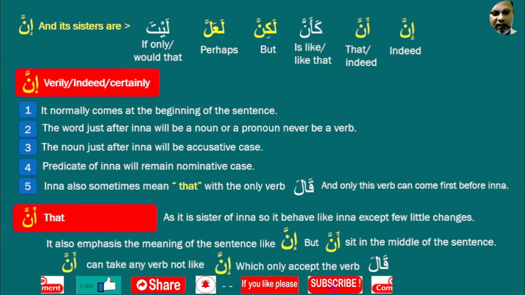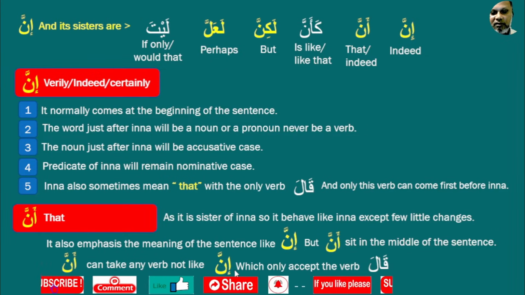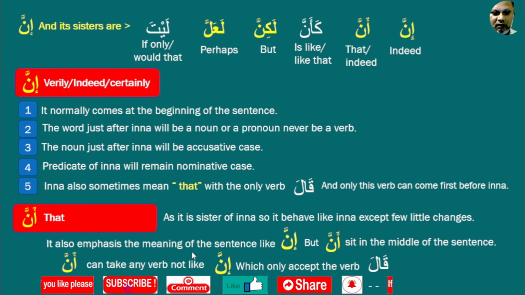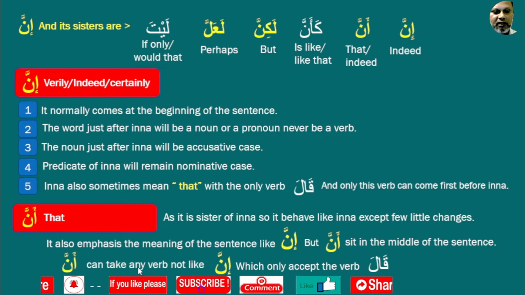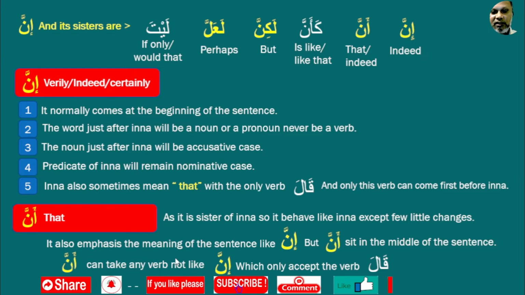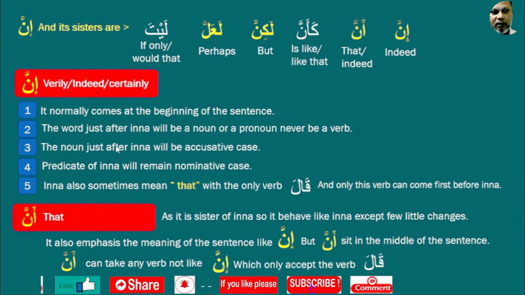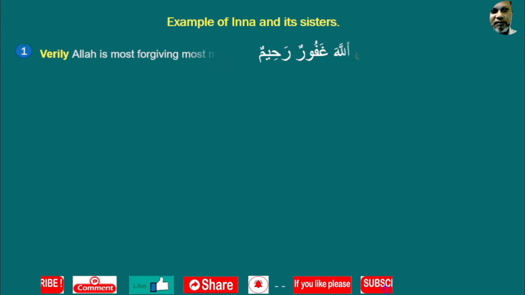And anna can take any verb, not like inna, which only accepts the qala verb. This is the little change from inna. Now we will see some examples, then it will be clearer.